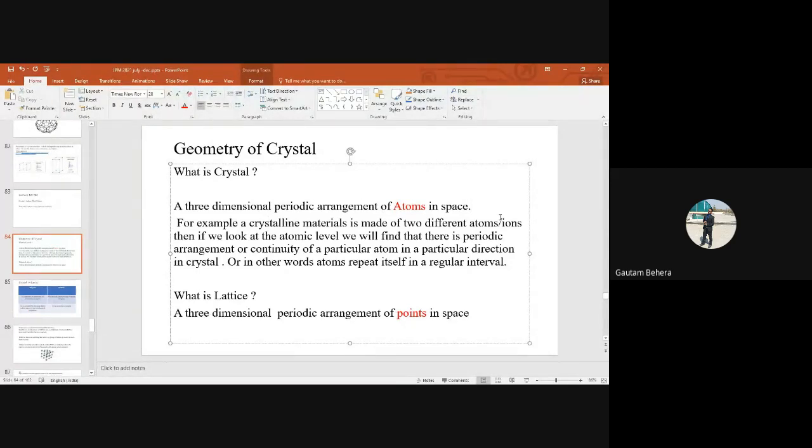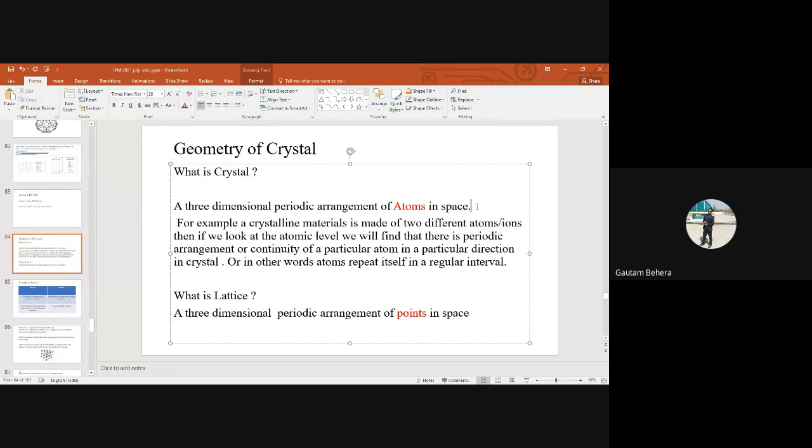And if it is made up of positive and negative ions, that is a group of ions or group of atoms, but basically we consider atoms. So you can simply say a 3-dimensional periodic arrangement of atoms in space, or of ions in space. You can say it like that, no problem, right?